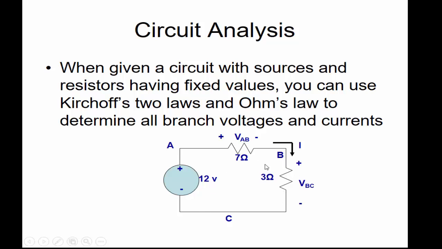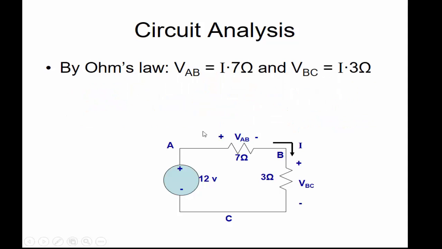Then we can travel around this loop, so definitely we shall have positive VAB plus VBC, and then minus 12 volts is equal to 0. VAB is this current times 7 ohms, and VBC is equal to I times 3 ohms.